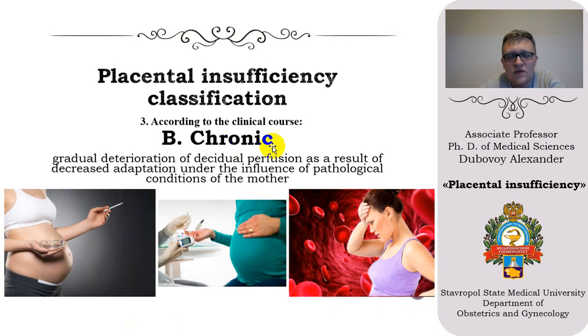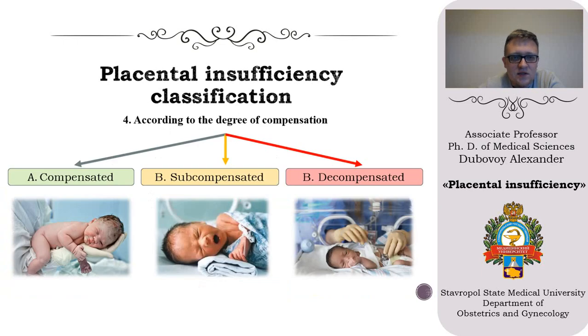The definition of chronic placental insufficiency is gradual deterioration of decidual perfusion as a result of decreased adaptation under the influence of pathological conditions of the mother. It may be genital disease, disease before pregnancy, pregestational condition, and maybe obstetrical disease.